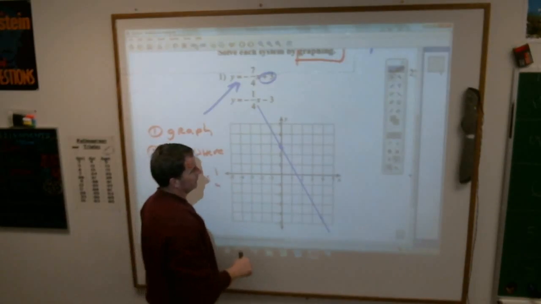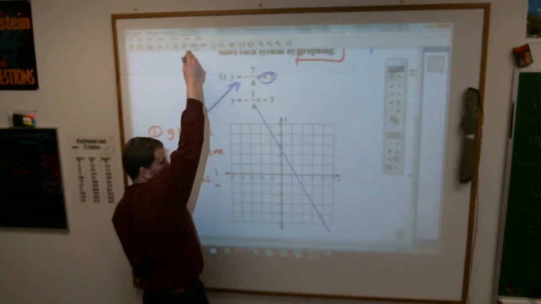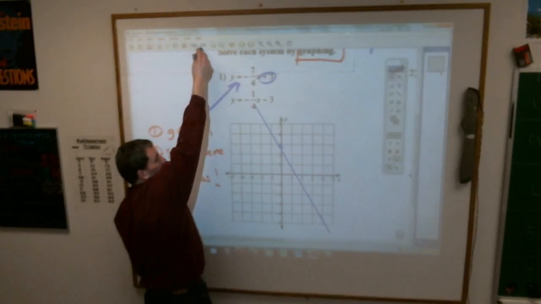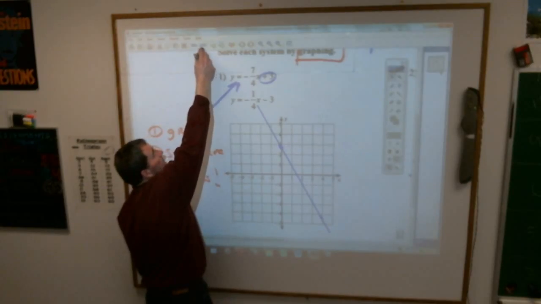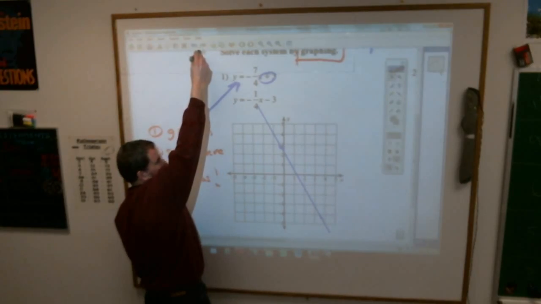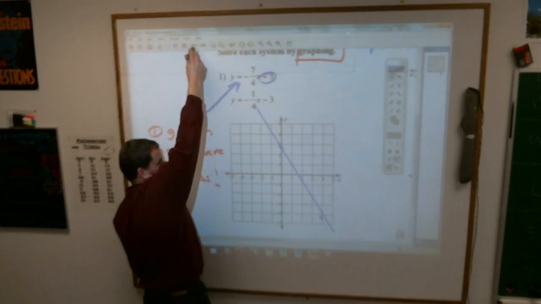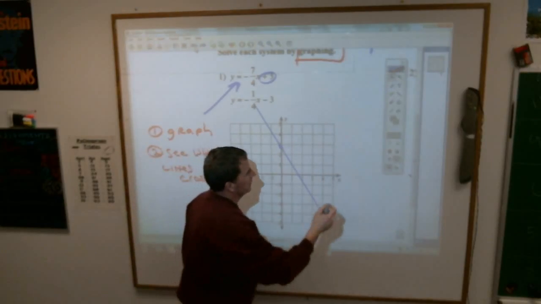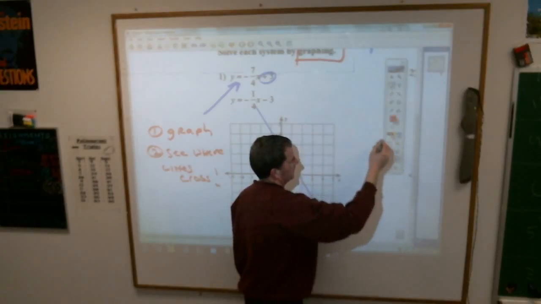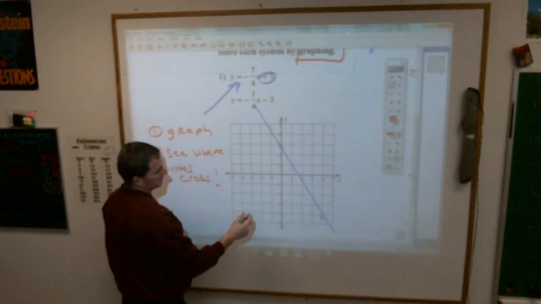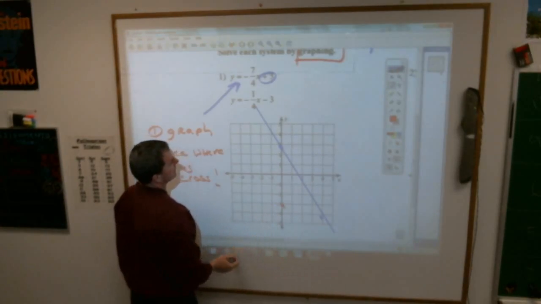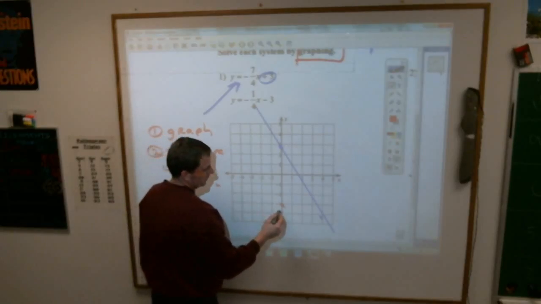And then you're going to want to graph the second line. We'll just go with that. Then you want to graph the second line, which falls at -3 on the y-axis, and it has a slope of -1/4.